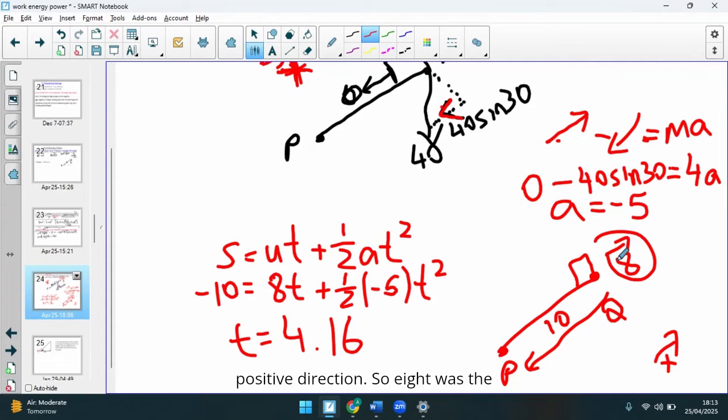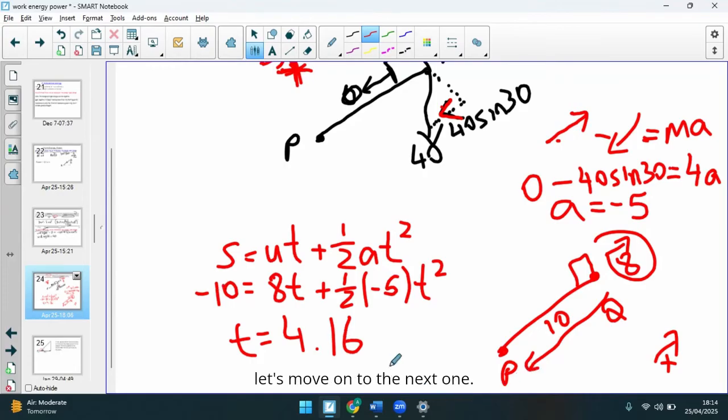So 8 was the velocity at Q, so that was upwards, so that's positive. And because P is below Q, your S becomes negative, because S is your displacement. So whenever the final destination is below the initial destination, that means it's downwards. And in this case, downwards will be negative.